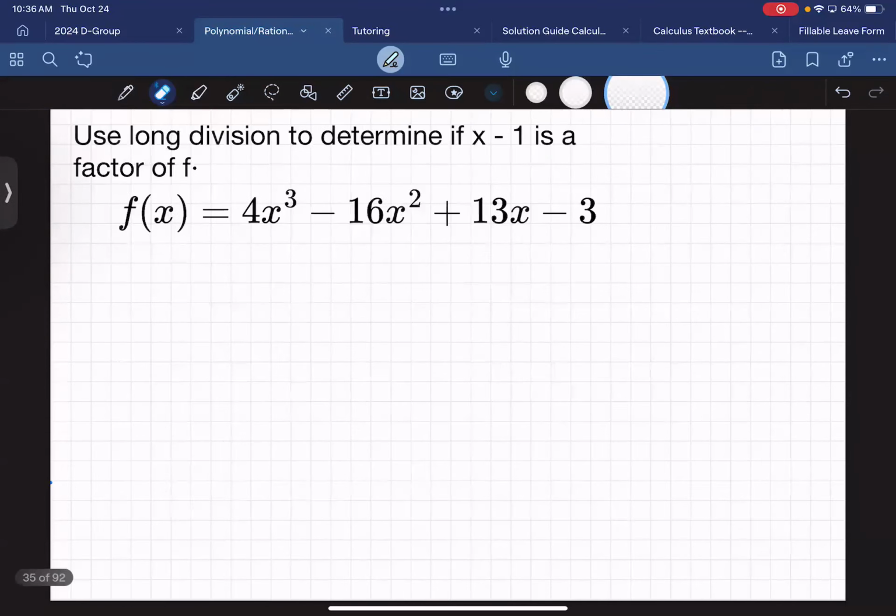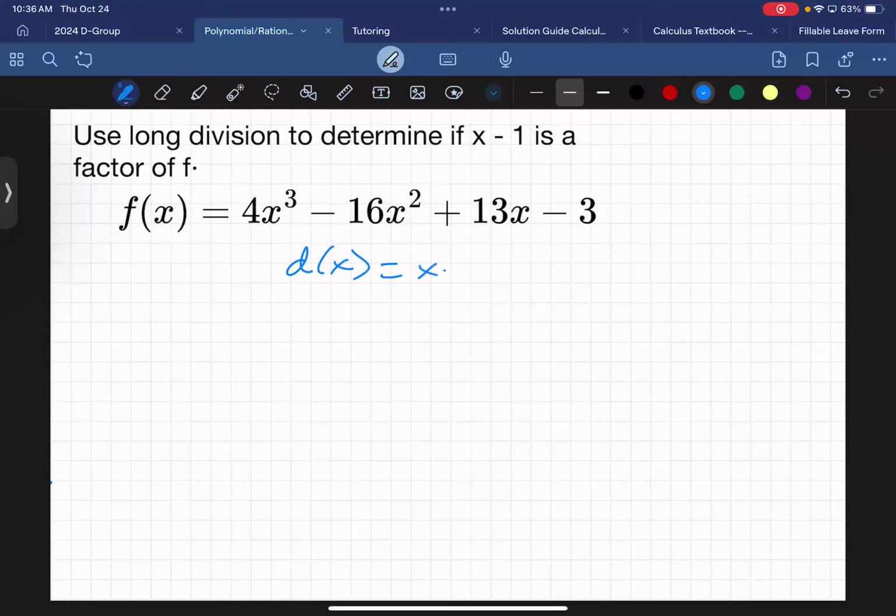So the first problem here I wanted us to work on was making sure we can deal with the long division itself. Now, I wrote the problem differently than I did yesterday. So the way I have it written here, what is the divisor? Right, so we need to make sure to see that even though I didn't write it the same way we did yesterday, my divisor is the x minus 1.